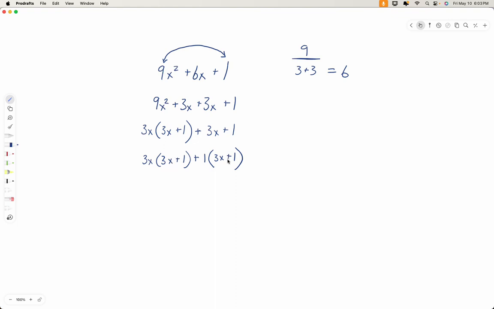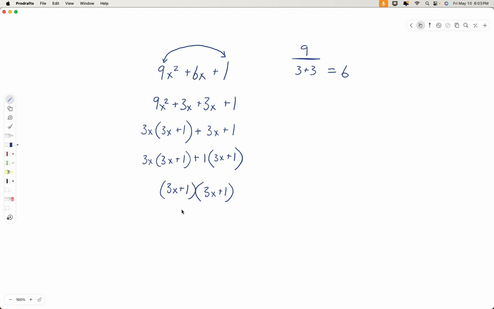So we can put them together as one factor, and we can group these two factors together as well. So we end up with 3x plus 1 times 3x plus 1, because that's what we have here with each one of these.